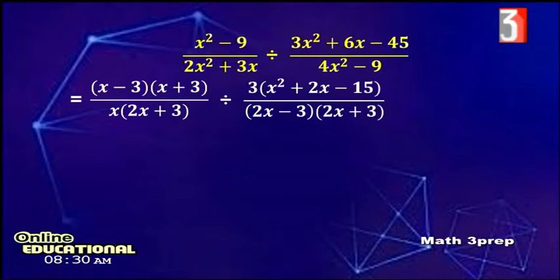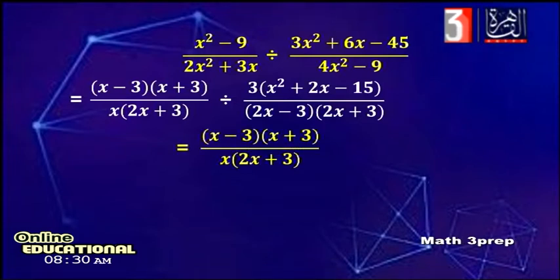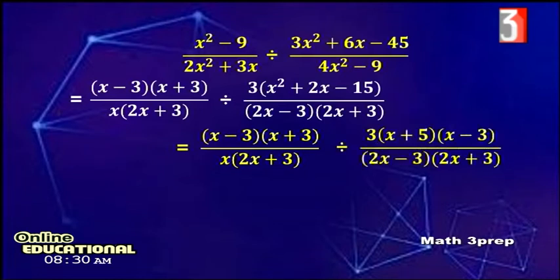Divided by, take 3 as a common factor, so it is 3(x squared plus 2x minus 15) over, difference between two squares, (2x minus 3)(2x plus 3). Then make factorization: 3(x plus 5)(x minus 3) over (2x minus 3)(2x plus 3).